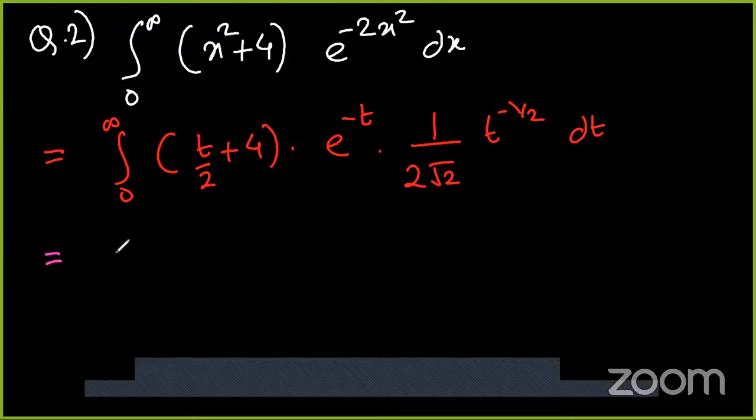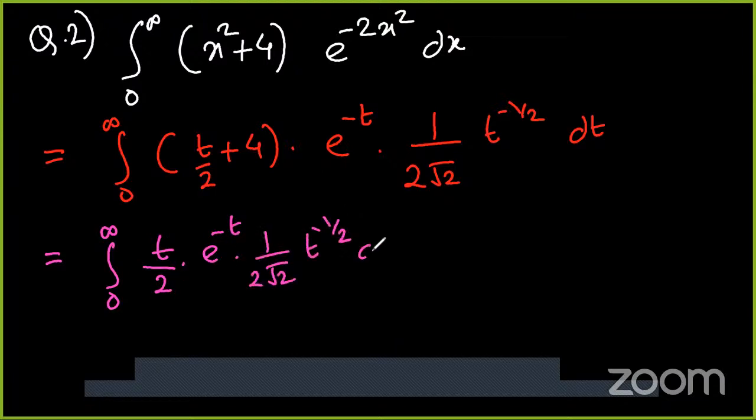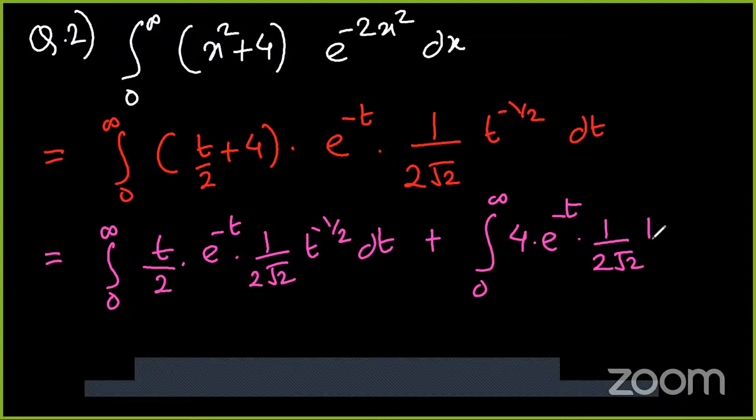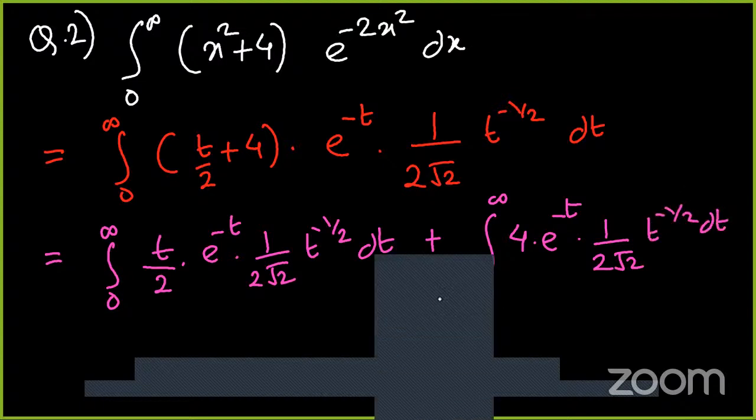Now if I open the bracket, 0 to infinity t by 2 into e raised to minus t 1 by 2 root 2 t raised to minus half dt plus 0 to infinity 4 e raised to minus t 1 by 2 root 2 t raised to minus 1 by 2 dt. Let's arrange this properly, then we'll solve.